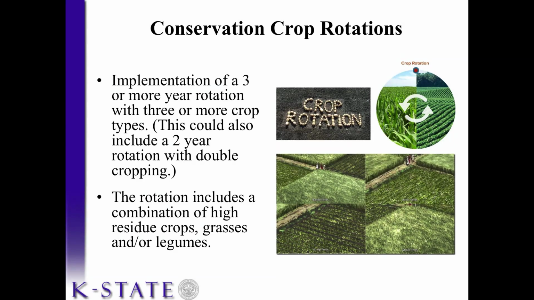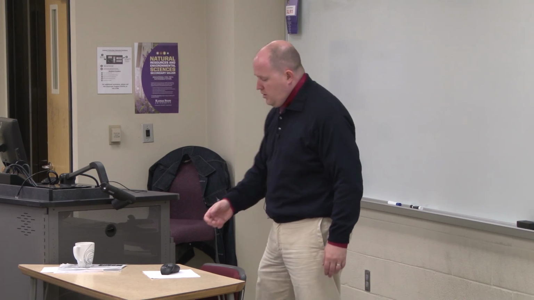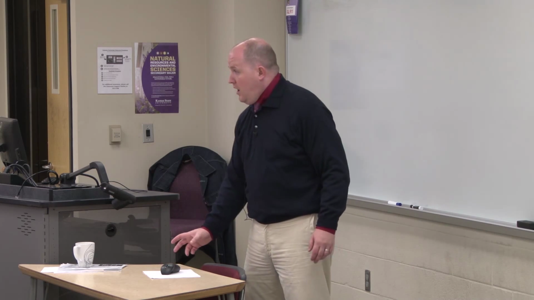That gets into a conservation system we call sod-based rotations. And those are a little bit different. But these are options for conservation rotations. And the whole point is to start intensifying the rotation, bringing in more species and more different varieties of crops. And the big benefit there is breaking those disease and pest cycles.